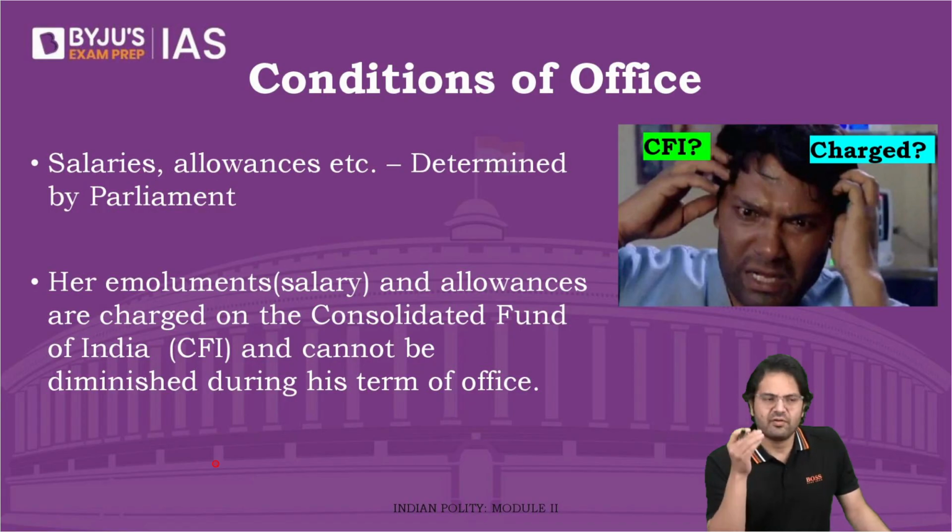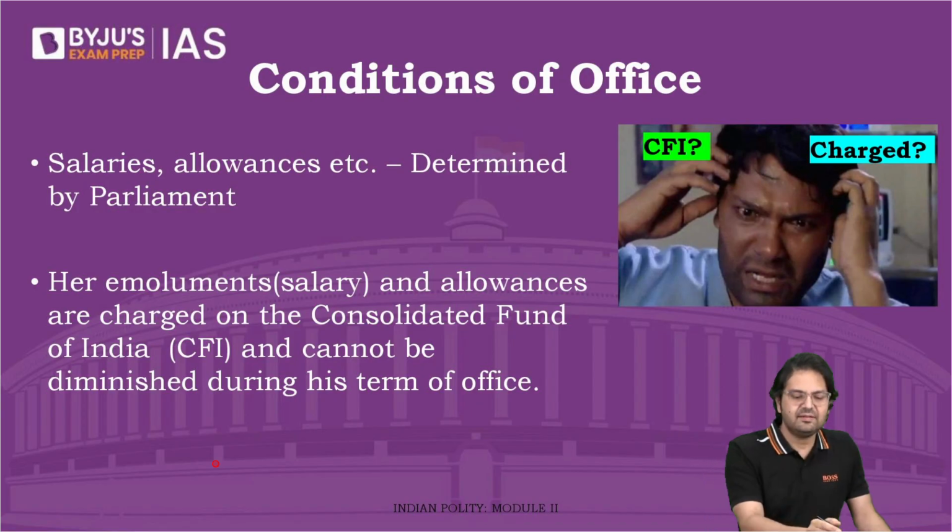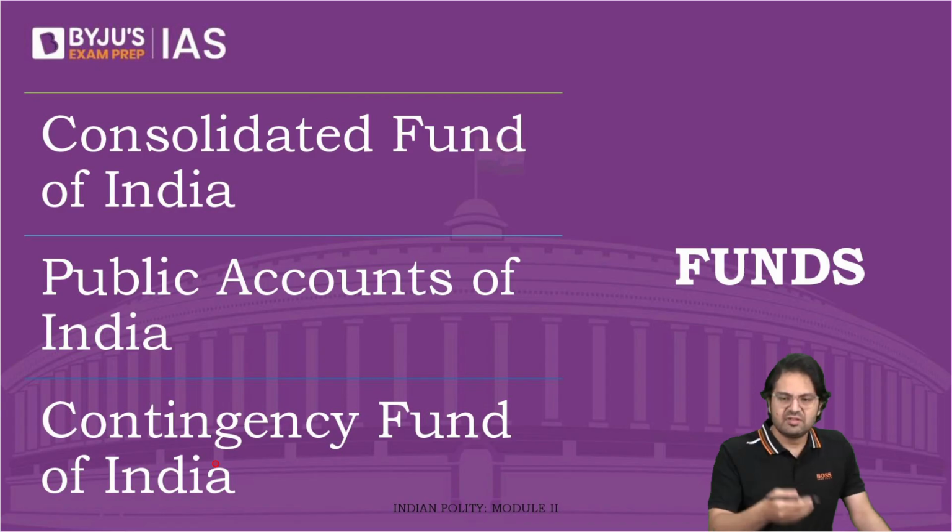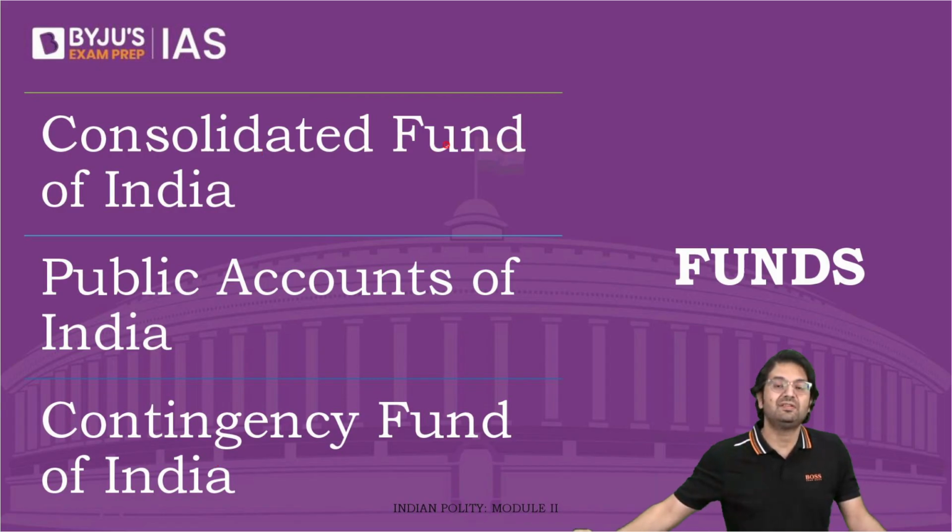And that's the account from where you take out all the money and spend on yourself, your friends, etc. That is what is called your bank account. Similarly, the governments, center and states, have three types of accounts. One is the Consolidated Fund of India, which is commonly known as CFI for the center.